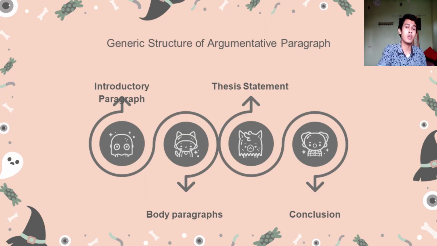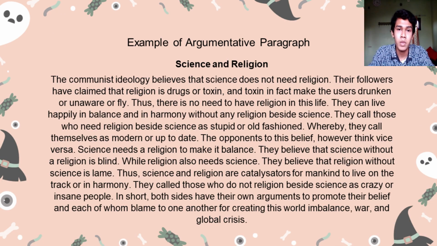The generic structure of an argumentative paragraph: first is the introductory paragraph, second is the body paragraph, third is the thesis statement, and the last one is the conclusion. And here is the example of an argumentative paragraph. We talk about science and religion.